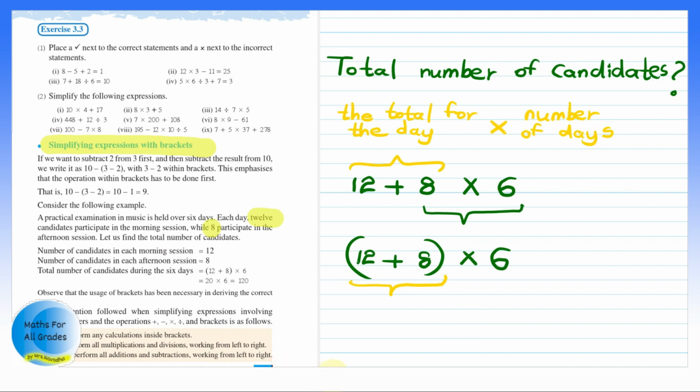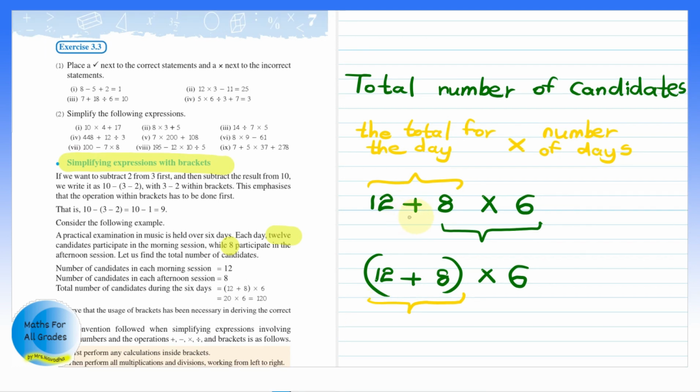So tell me, how do you express that you want to do the addition first? You put brackets. So now you may have understood how important the brackets are. The idea of this expression 12 plus 8 times 6 is totally different without brackets.